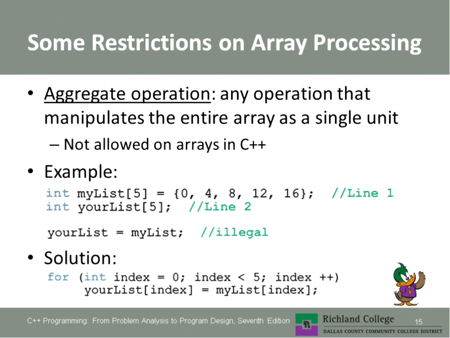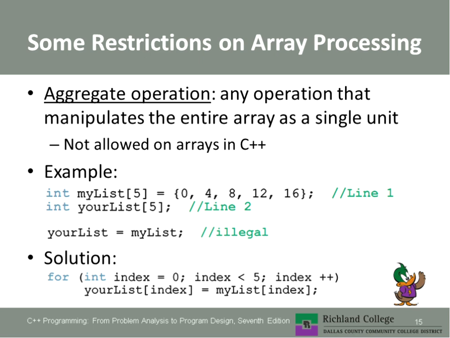So aggregate operation, any operation that manipulates the entire array as a single unit, is not allowed on arrays in C++. So you don't just say copy one array to the other array. Okay, no, you try to assign one array to the next array.